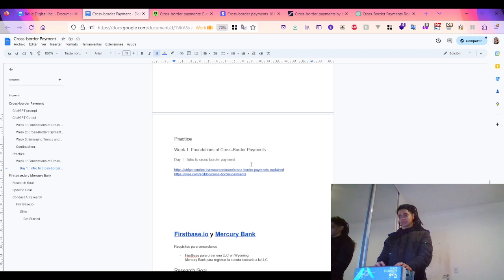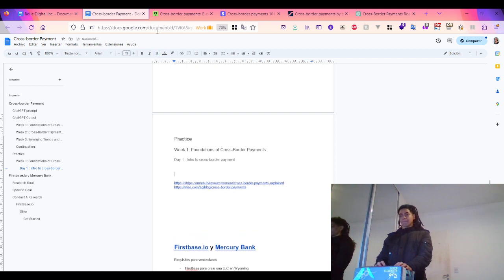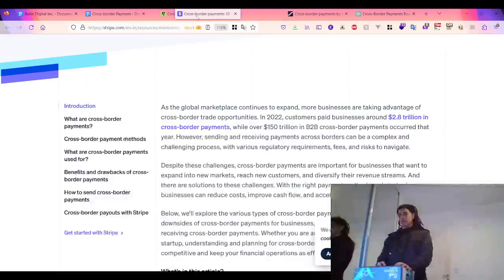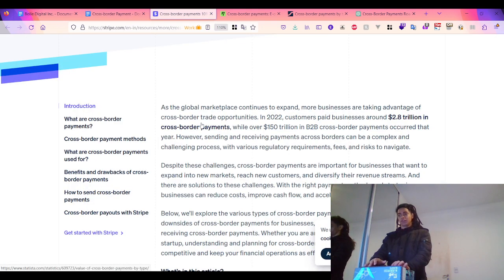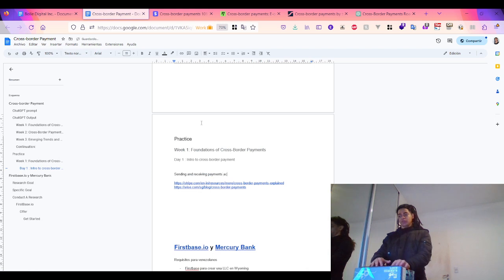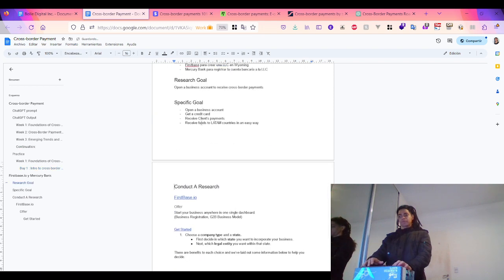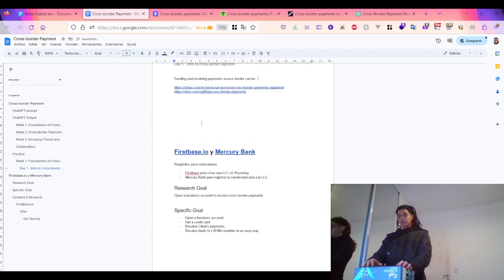Okay. So from Stripe, okay, sending and receiving payments, sending and receiving payments, okay, sending and receiving payments across border can be, oh my god, what the hell?